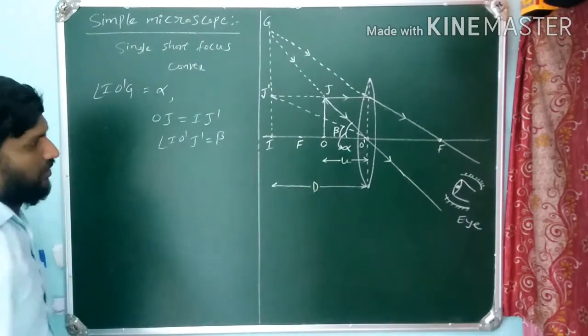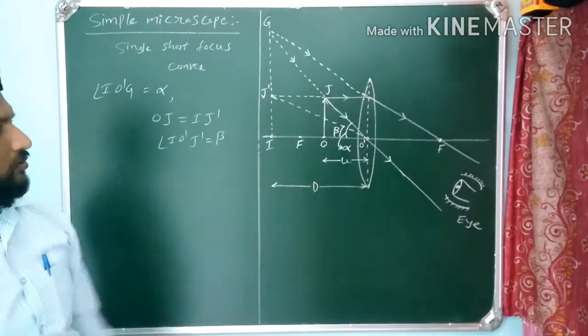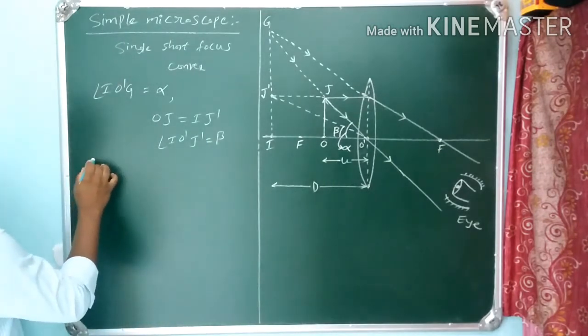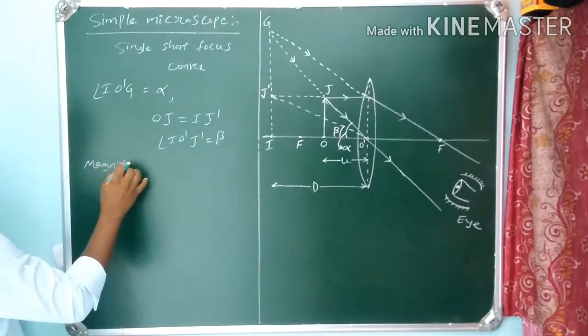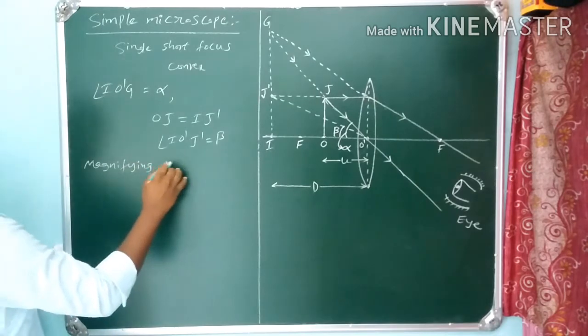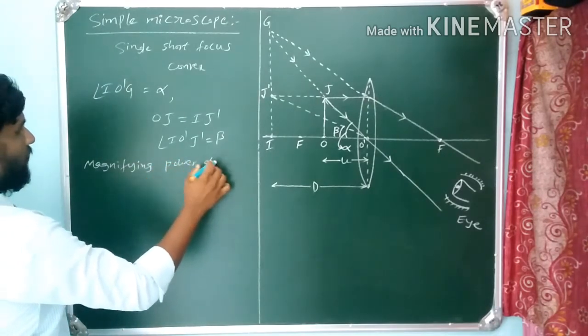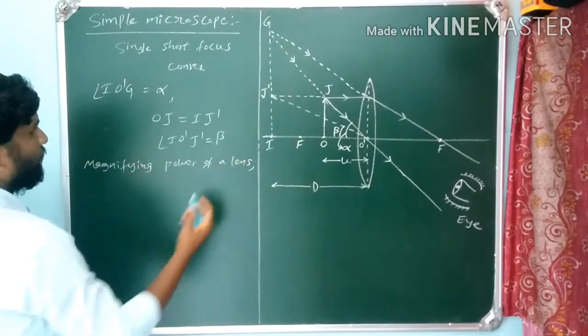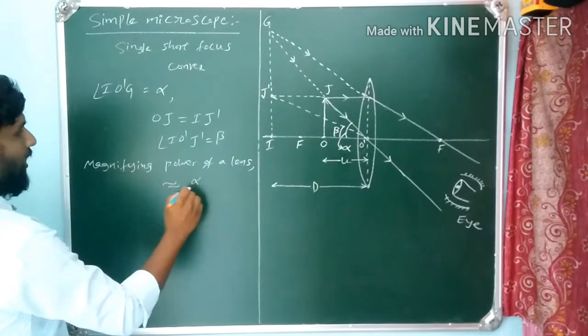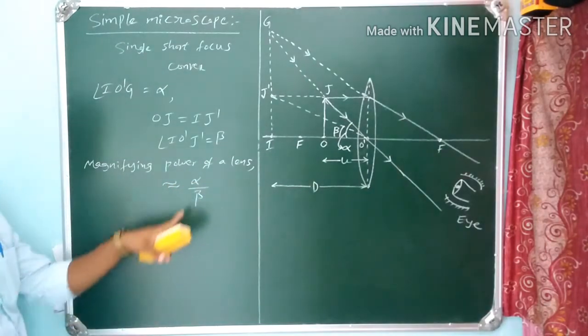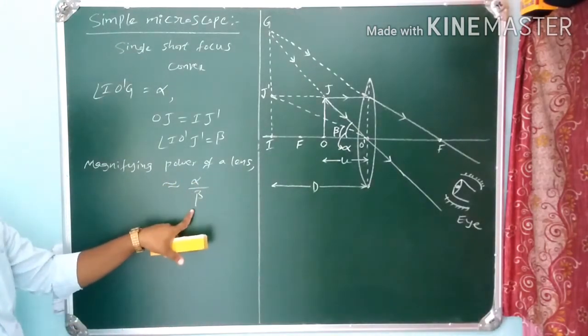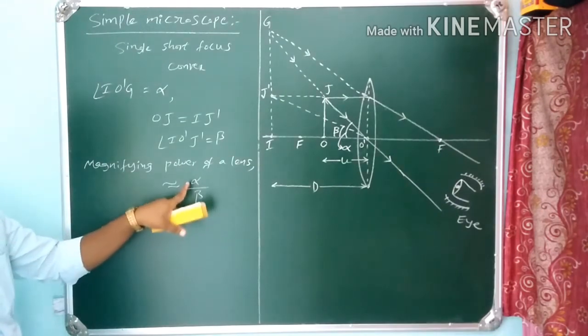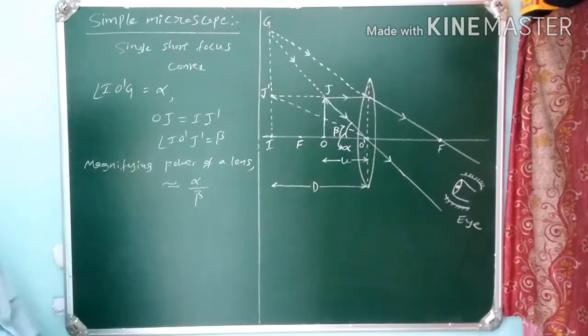Now, the magnifying power of a lens is alpha by beta, that is, position of image by position of object, or height of image to the height of object.